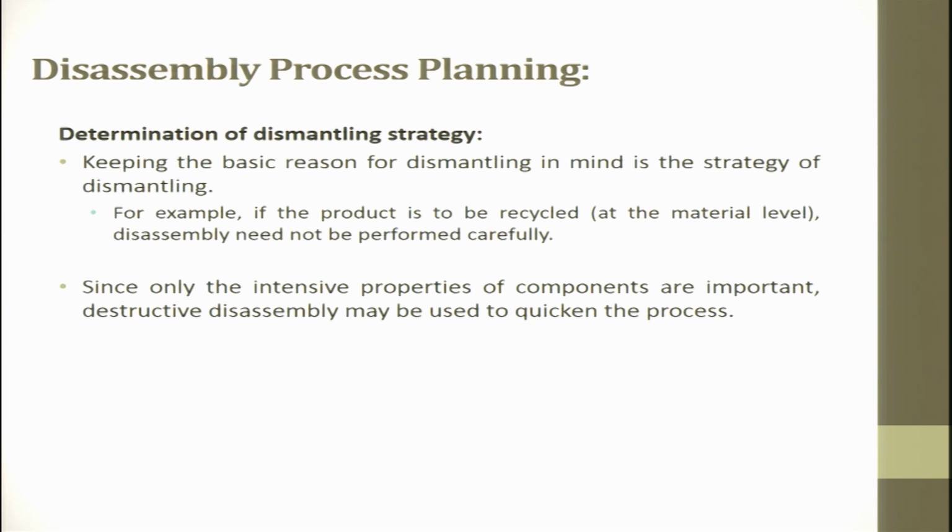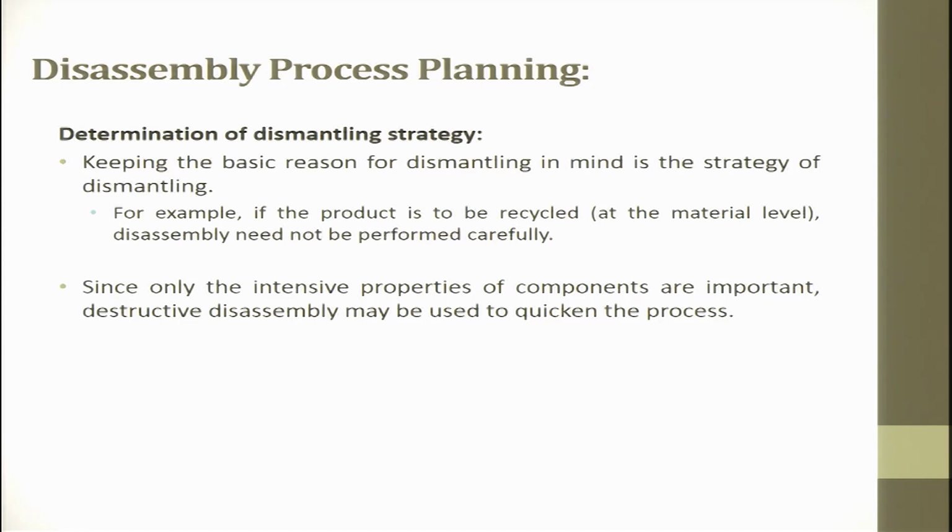If I have decided that I am going to recycle it completely at the material level, I am going to melt it and make a fresh billet or a bar, whatever it is. Then I do not have to spend a lot of time dismantling the shaft and the gear.